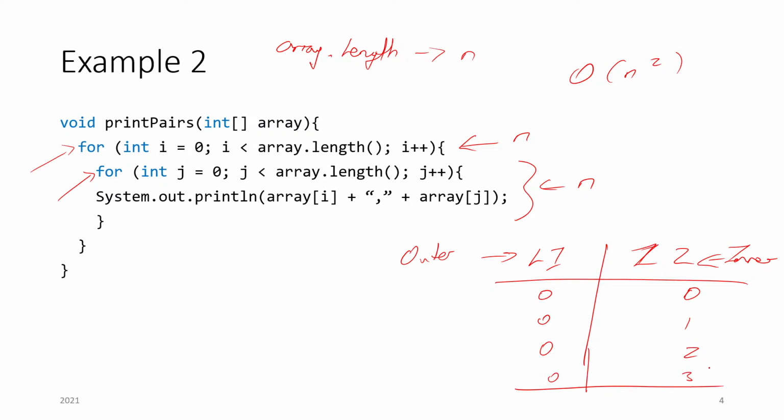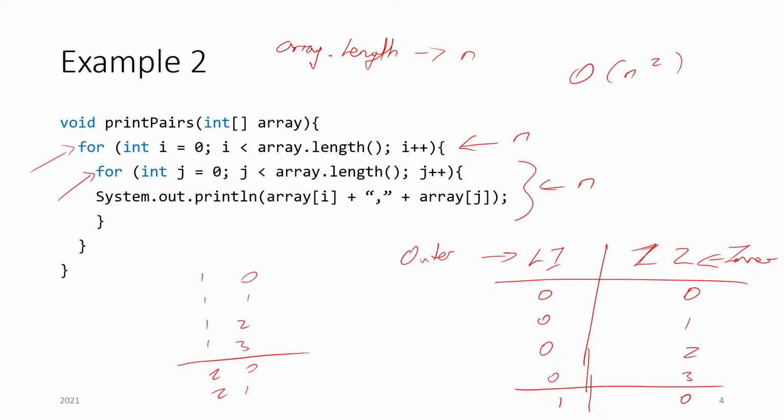Then when it hits 3, that's because the innermost loop has finished all its iterations. The outermost loop counts 1, and then it reiterates through the innermost loop and keeps on repeating. So it'll go 1, 0, 1, 1, 1, 2, 1, 3, then 2, 0, 2, 1, and so forth as it keeps on going.